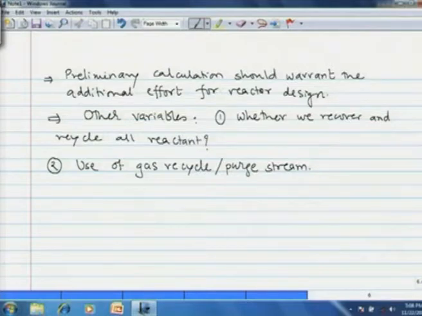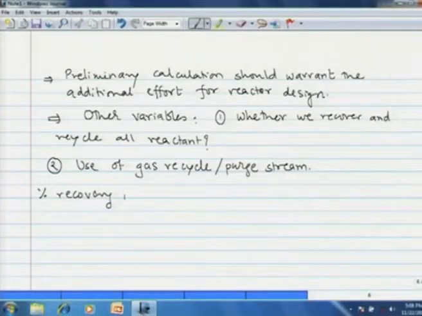When we talk of recovery and recycling of reactant, then the percentage recovery is an important variable. Then when we talk of using a gas recycle and purge stream, the first thing that we have to specify is how much excess gaseous reactant will be fed to the process.